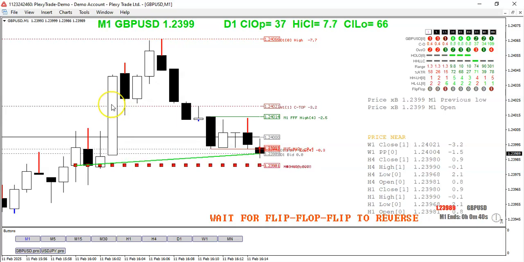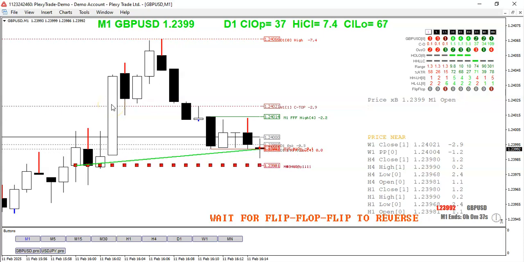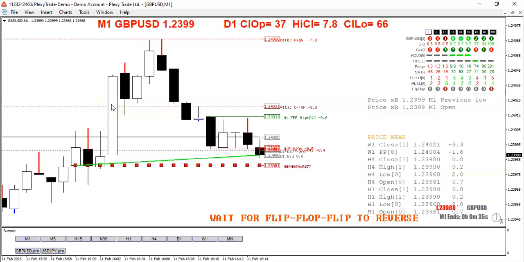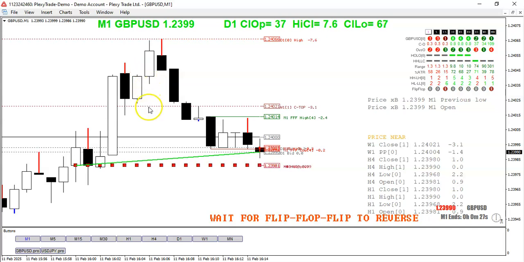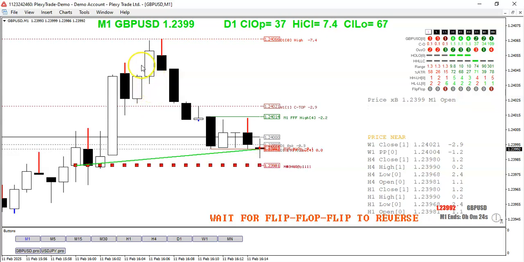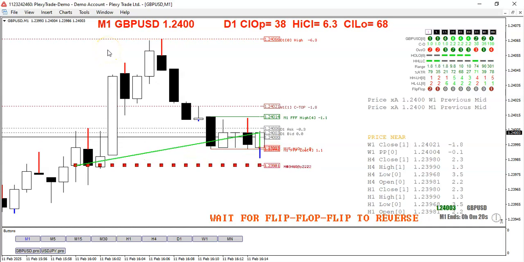What you want to see is a flip-flop flip, because what will happen is right here you got a flip, then you got the flop, but now you need another flip to reverse. And so that's something I like to wait for. It keeps me out of trouble.